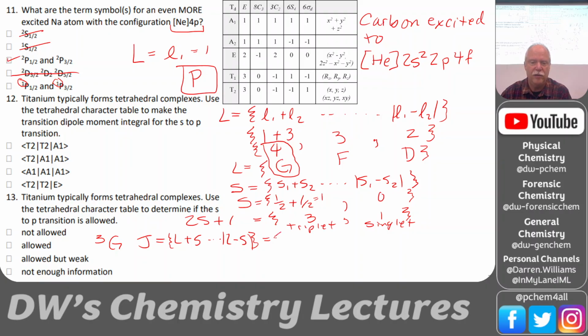So that's L. So 4 plus, and we're doing triplet, and that means the S is 1 for a triplet. So this is S right here. So 1, 4 plus 1 all the way down to 4 minus 1. So 4 plus 1 is 5.